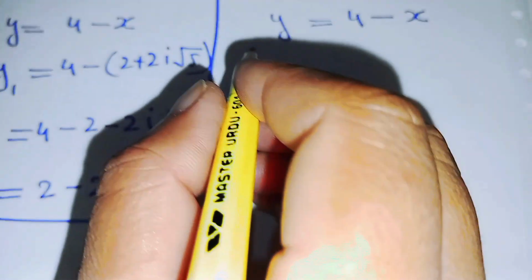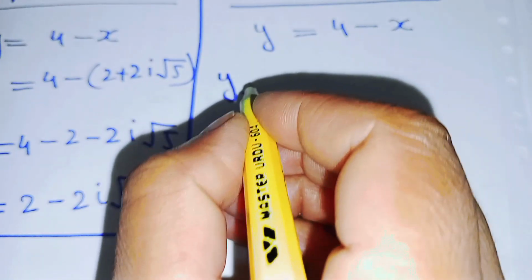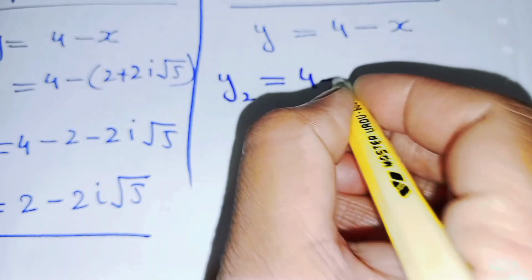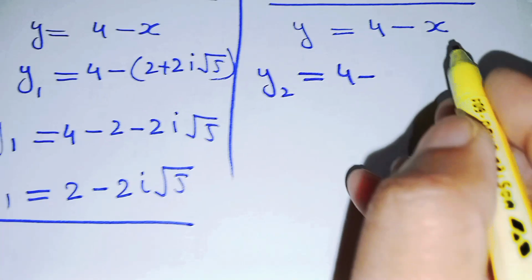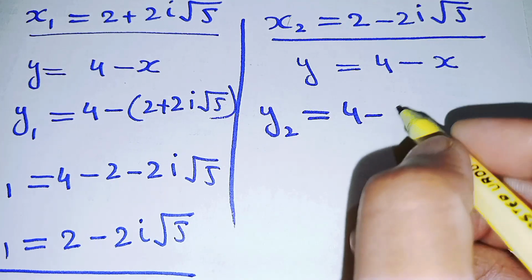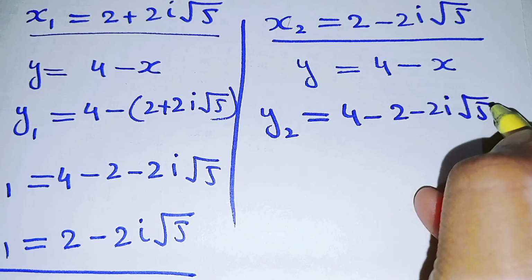The second value of y is 4 minus the value of x, which is 2 minus 2i square root of 5.